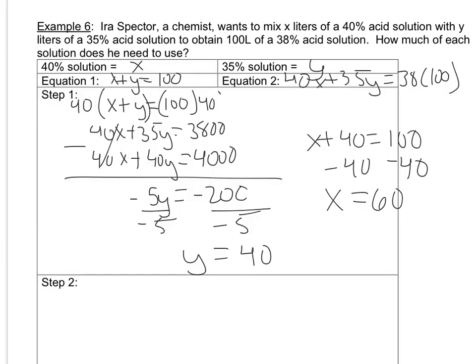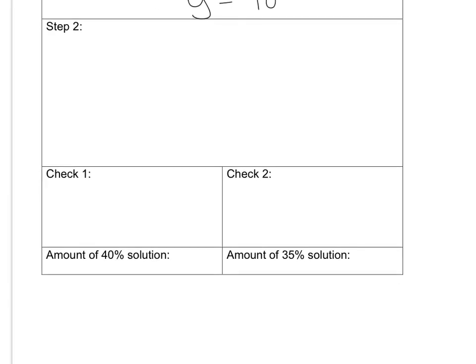Which one is it closer to? Well, 38 is closer to 40. Was there more 40% than 35%? Yes, so that's good. So now let's go down, because we got to check this. This should be 60 liters, 40 liters. Do not forget to label, or you will lose points on quizzes and tests.